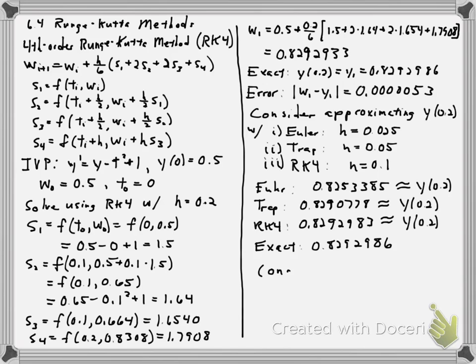So conclusion, Runge-Kutta fourth order is more efficient than Euler's method and the explicit trapezoid method. And this is based on the fact that the Runge-Kutta fourth order method is a fourth order method, that is, the error is proportional to h to the fourth power. And as I said, we will be discussing error for these different methods in class.